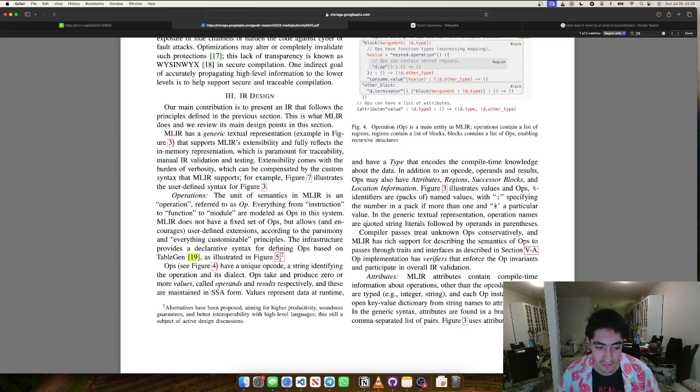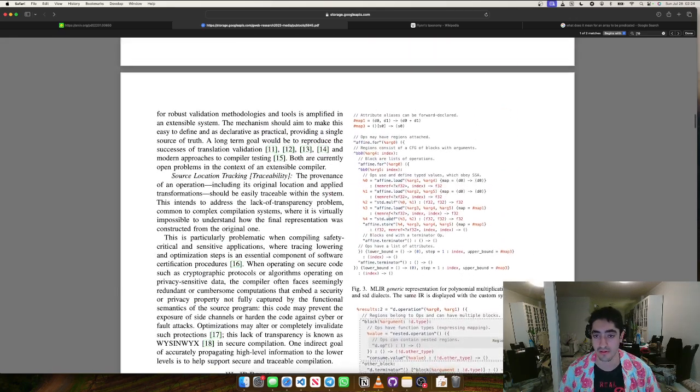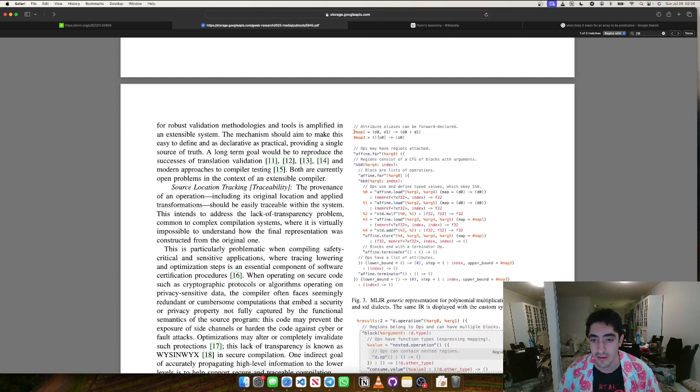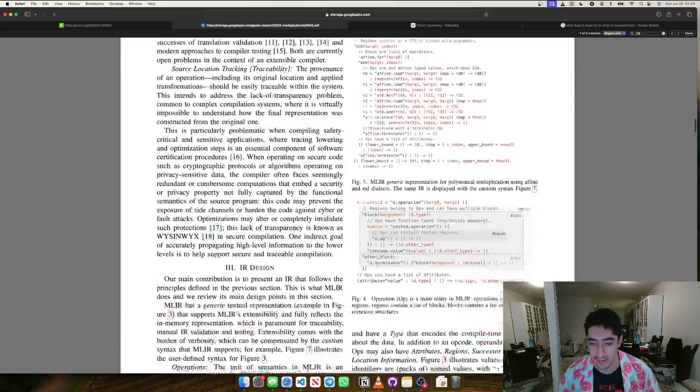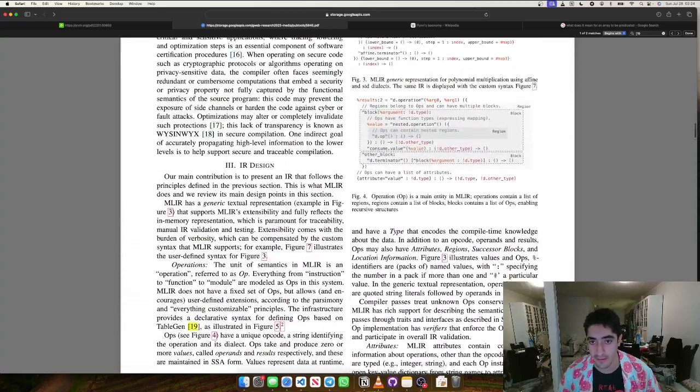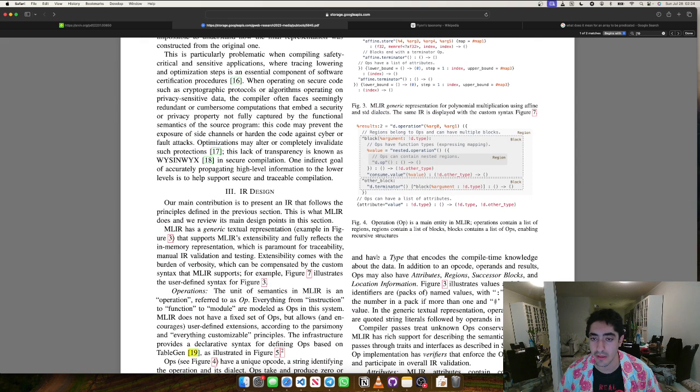This is still a subject of active design discussions. Okay, so MLIR generic representation for polynomial multiplication using affine and standard dialects. So similar to LLVM, because I remember LLVM had dialects in its IR. The same IR is displayed with custom syntax in figure 7.